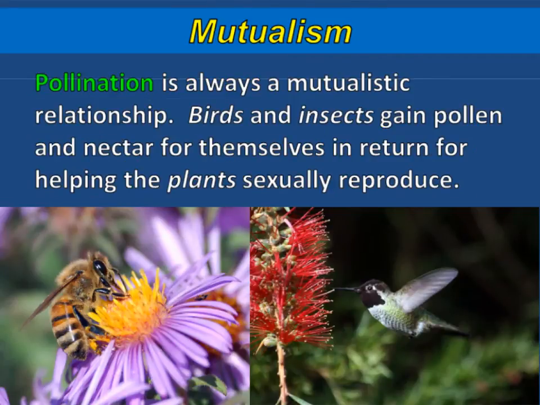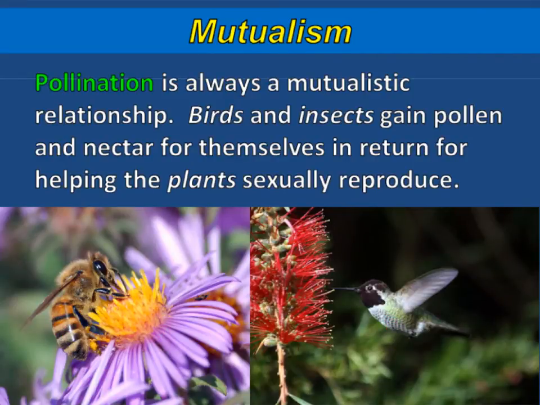Example number 2, pollination. Every single time you see pollination on a homework assignment, on your test, on the STAR test, on a district checkpoint, the answer is always mutualism. Pollination is always, always, always mutualism. So pollination deals with flowers, as you can see, and birds and bees, pollinators.